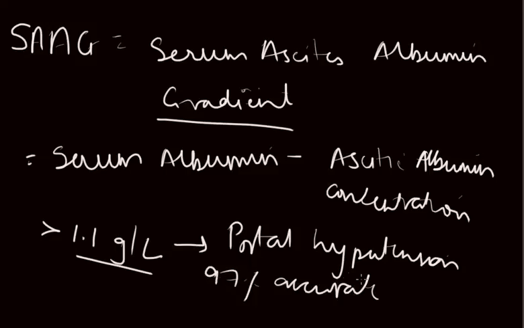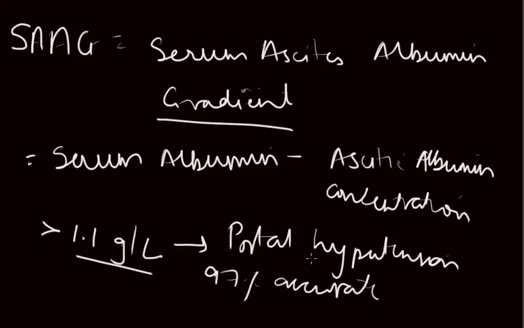So if you have someone with a SAAG of more than 1.1, you are 97% accurate that the etiology is portal hypertension. Instead of classifying ascites as transudative and exudative, ascites is classified as a high SAAG ascites, that is an ascites due to portal hypertension, and a low SAAG ascites, that is ascites not due to portal hypertension.